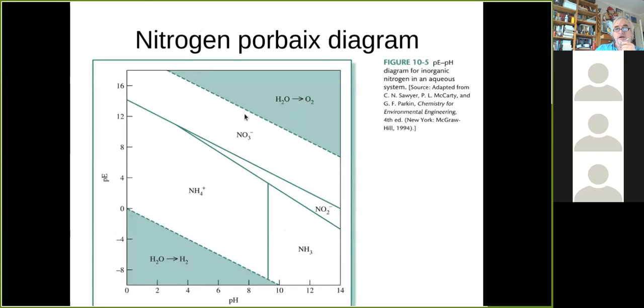The nitrogen diagram is sort of giving an overview of the nitrogen species, except the nitrogen gas. It's very often that nitrogen gas is not present because it's difficult to produce nitrate and ammonium from nitrogen gas.